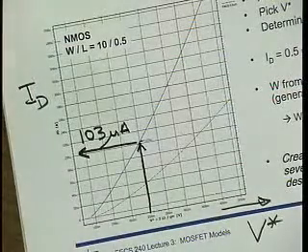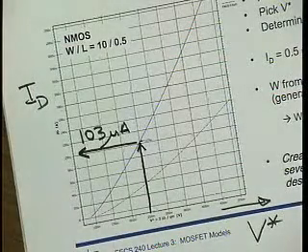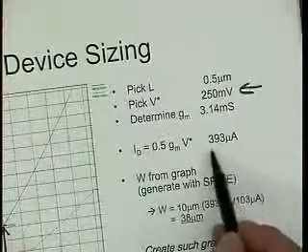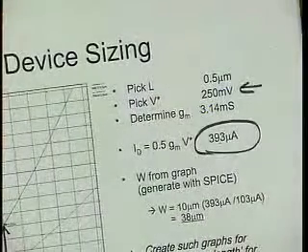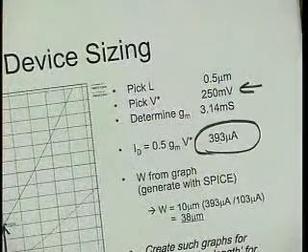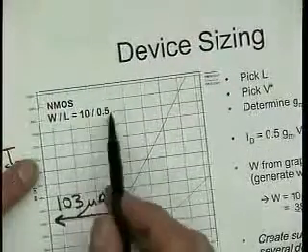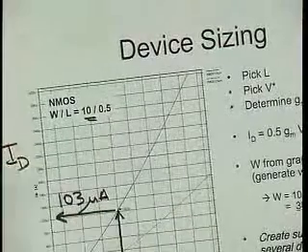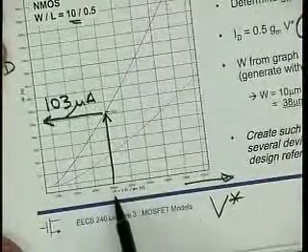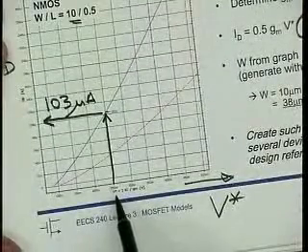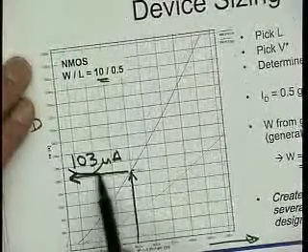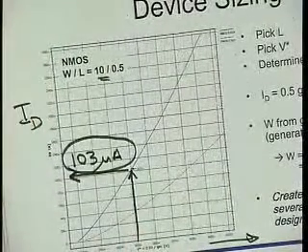We had said that we had already calculated what current we need. 400 microamps. Well, but that's for a transistor of unknown width W, right? If we use the transistor that had a width of 10 micron, in order to get that V star of 250 millivolts, this chart tells us that we would need 103 microamps.